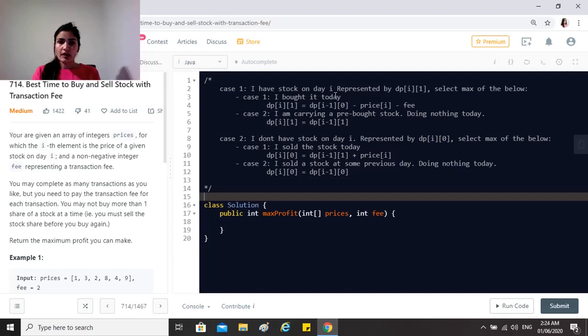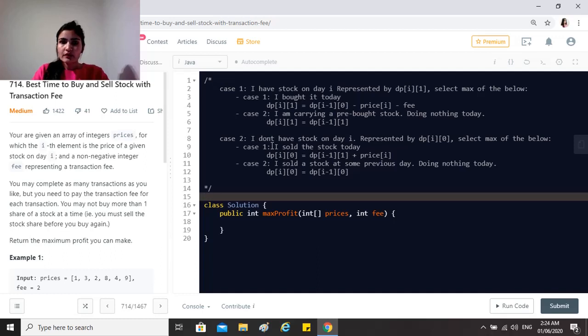And I buy it today, so I am paying the price i, and also the fee. So this turns out to be dp of i minus 1 of 0 minus price i minus the fee. If I'm just carrying a pre-bought stock, that means on the i minus 1th day I have a stock, which is represented by dp of i minus 1 of 1, and that's what we just carry forward.